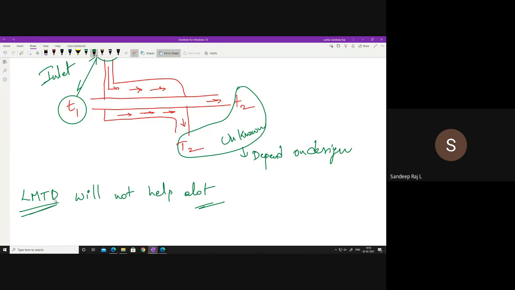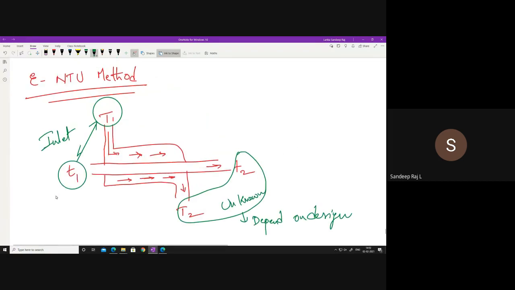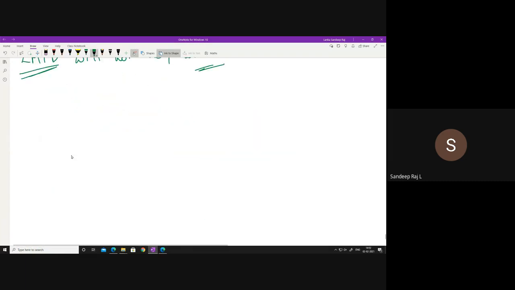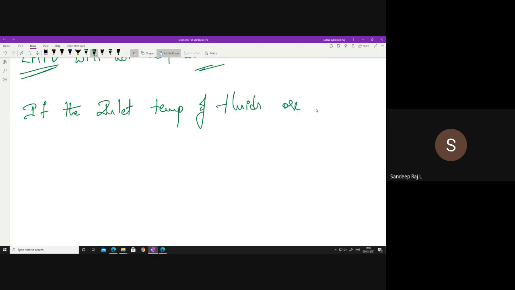Let us say you have only two temperatures in the design of a heat exchanger, that is, if the inlet temperatures of the fluids are the only known parameters.